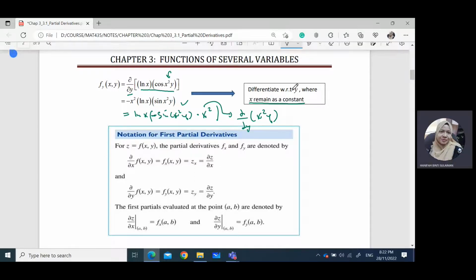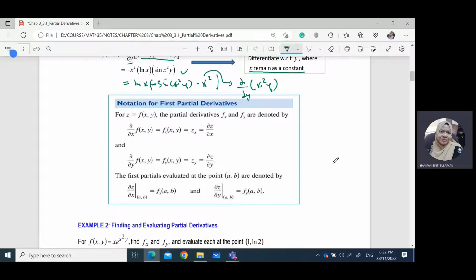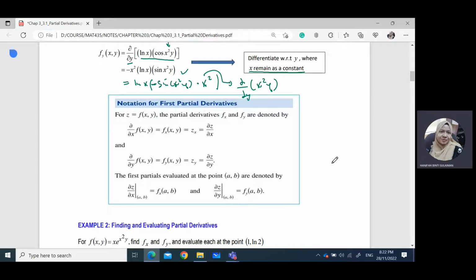As you can see, this is the notation for the first partial derivative. First partial derivative means that we differentiate with respect to x or y for the first time. We call that first order. Look at this one: z is a function of x and y.